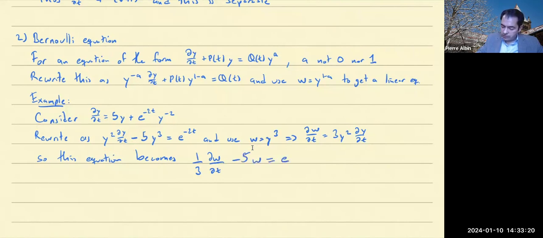And then the right-hand side just stays the same, e to the minus 2t, right? And this is a linear equation for w. And we've already studied how to solve linear first-order differential equations. So we reduced this problem to one we already know how to solve.